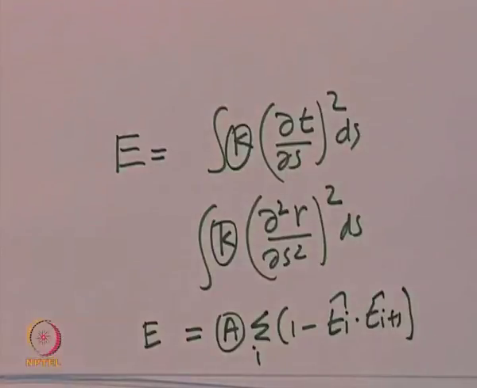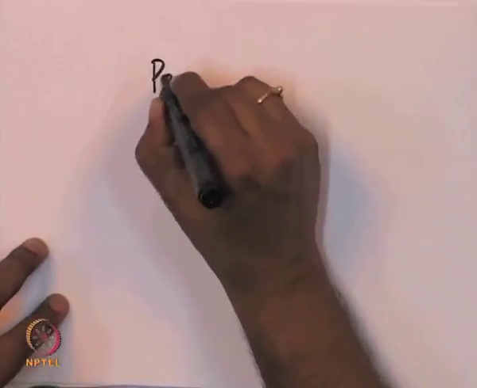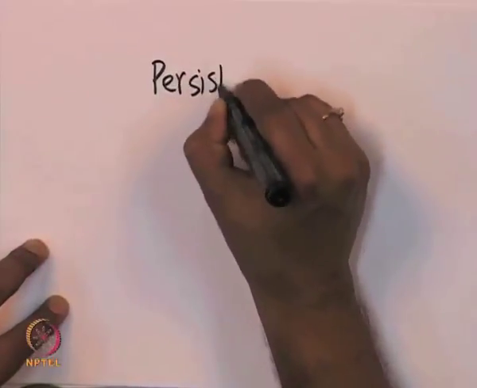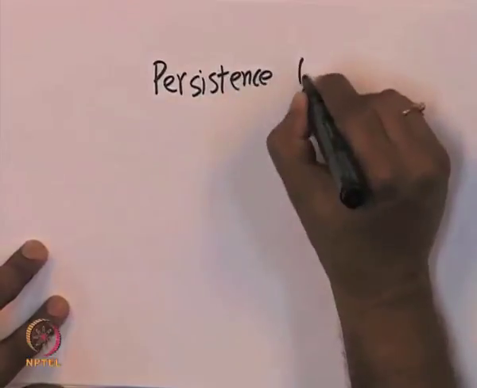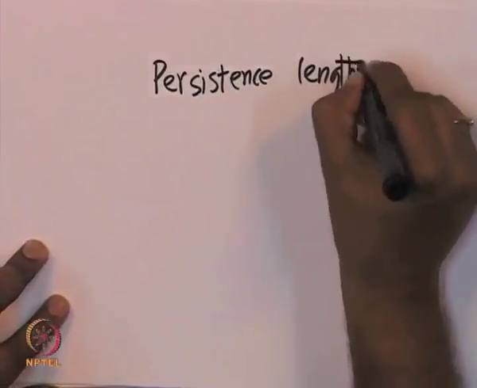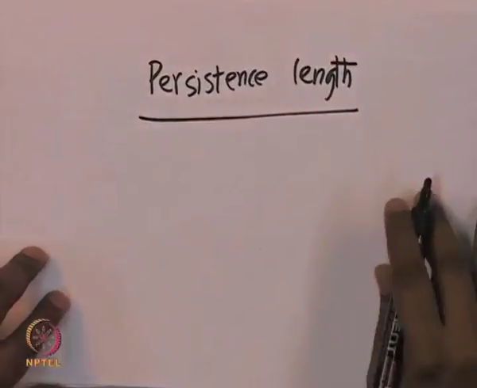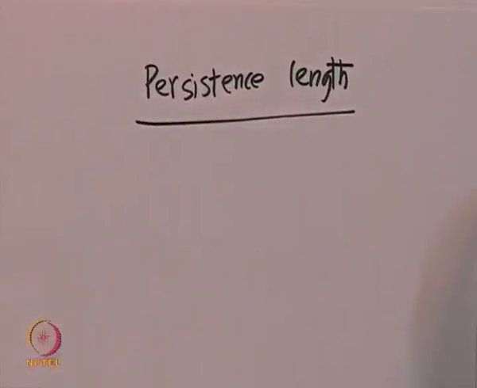It is related to the bending stiffness, and there is a quantity related to this known as the persistence length, which is an important quantity for all biopolymers. I want to discuss what this persistence length means and how we write it down.